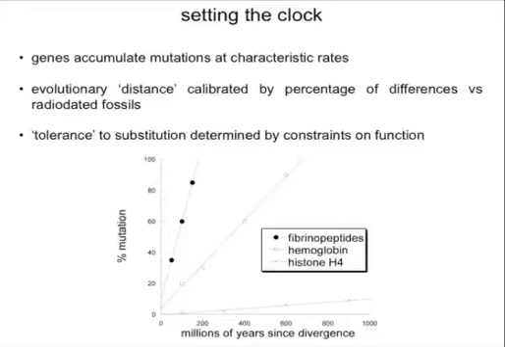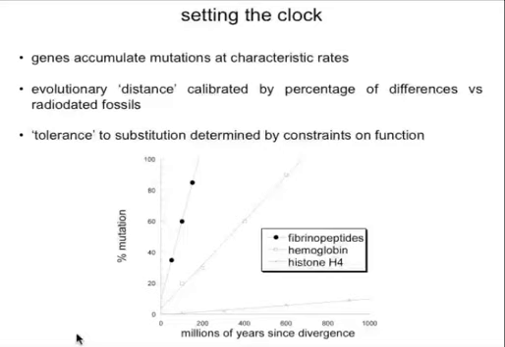So when we compare plant sequences to animal sequences, we can place on our x-axis here the number of millions of years since divergence for those two groups of organisms, plants versus animals in that case.